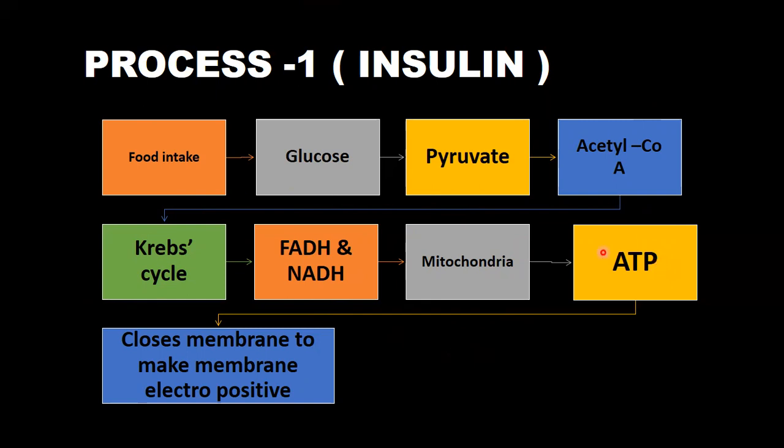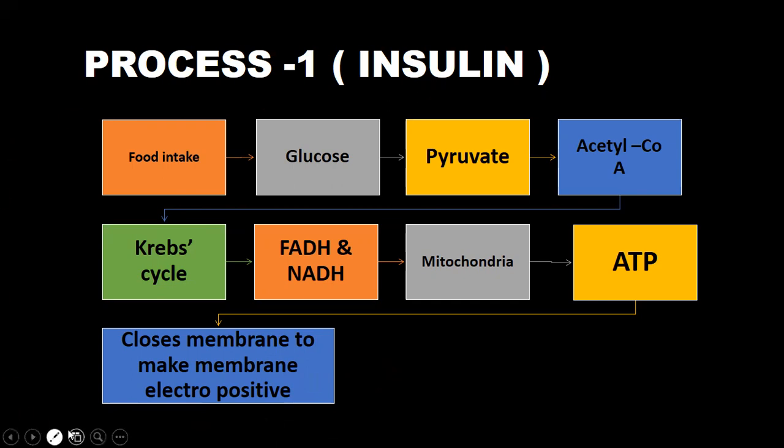And what is the role of ATP? ATP normally makes the cell membrane electropositive, that is, potassium ions accumulate in the cell membrane during this process.